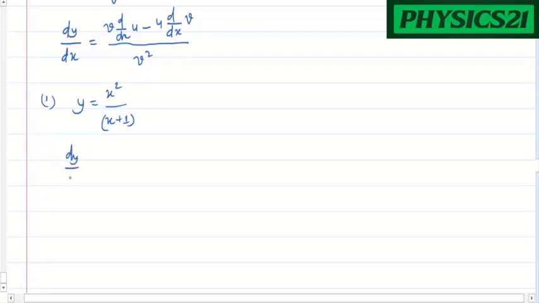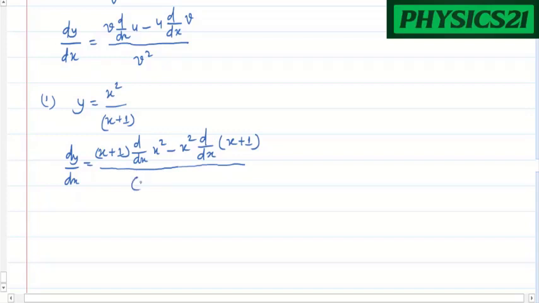Write dy divided by dx: denominator x plus 1 multiplied by the derivative of numerator, d divided by dx of x square, minus numerator x square multiplied by the derivative of denominator, d divided by dx of x plus 1, whole divided by the square of the denominator, x plus 1.